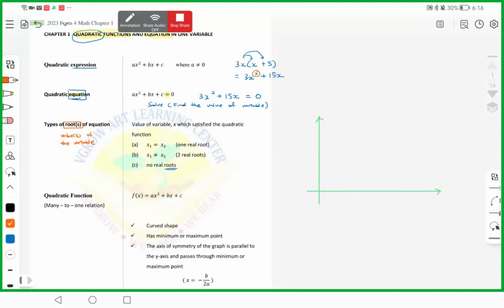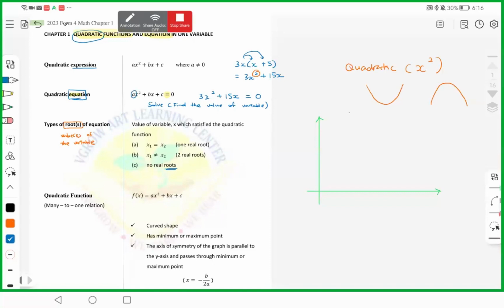So if it's a quadratic, meaning the variable is taken to power 2, the graph form will be either a U shape or an N shape, depending on the value of a, the a in front.